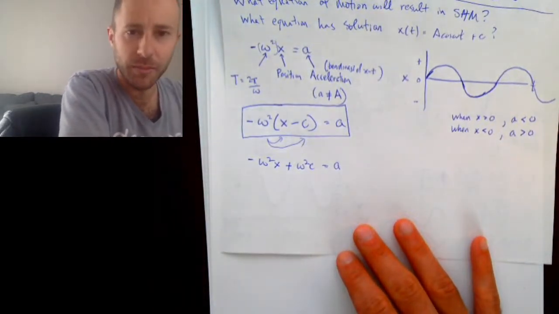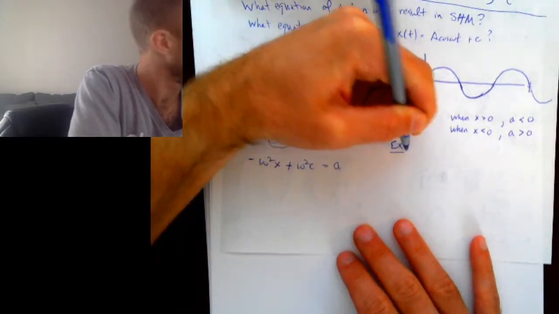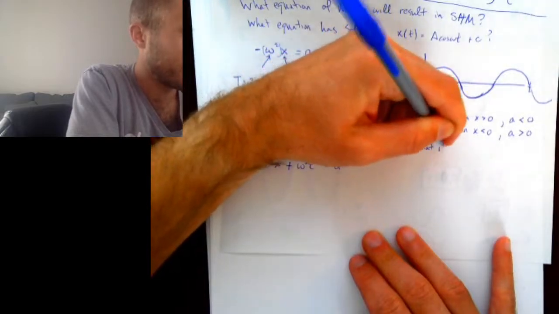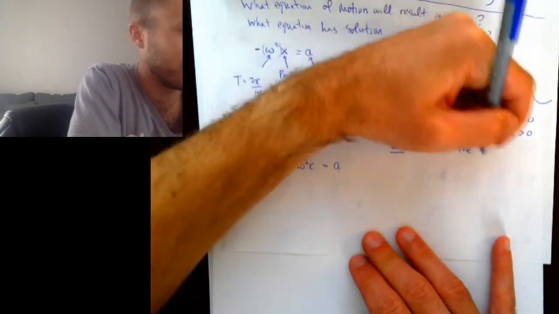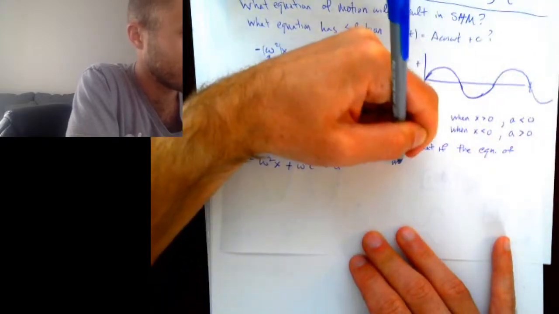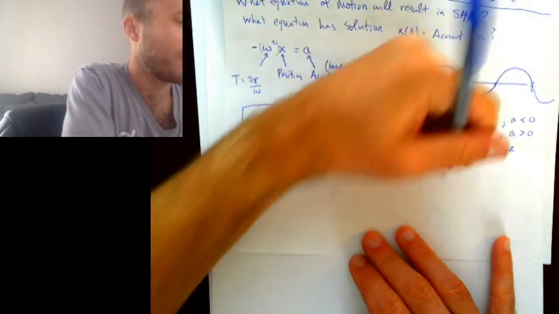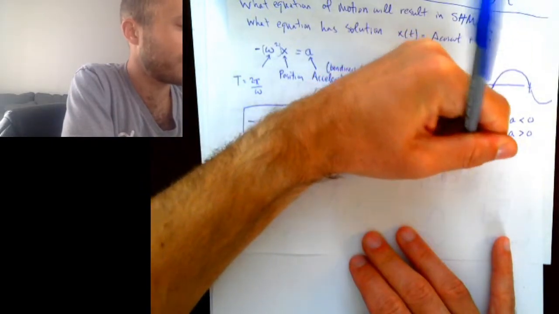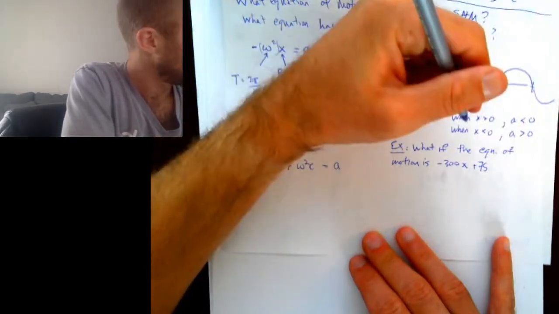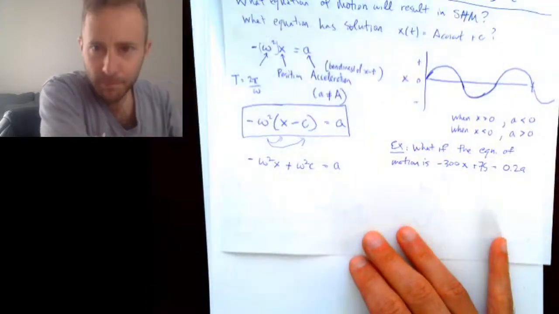So let's do an example. All right? What if the equation of motion is minus 300x plus 75 equals 0.2a?